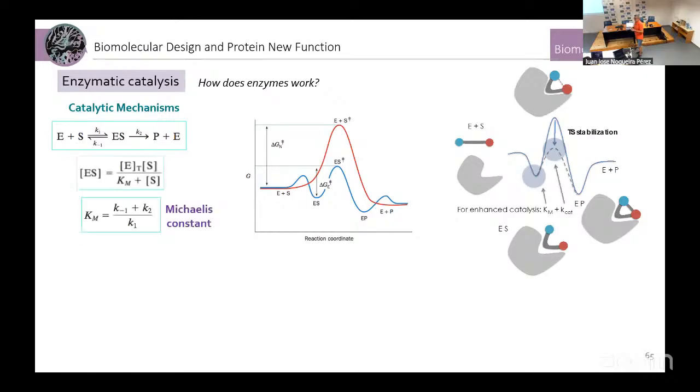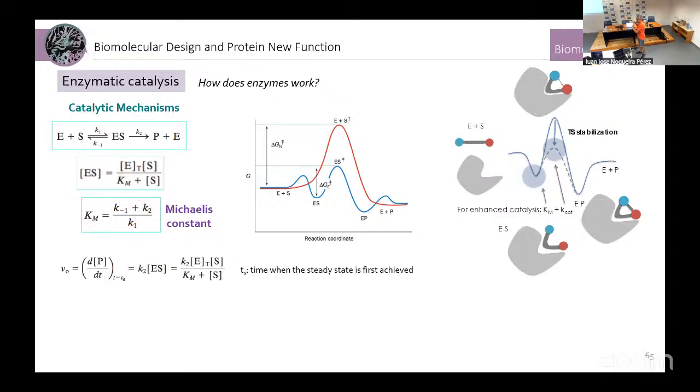This is how enzymatic catalysis works. We just mentioned that enzymes first form the Michaelis complex, the enzyme-substrate complex, and then the reaction takes place. Based on this, we can define the Michaelis constant that defines the affinity of my particular substrate for my active site cavity.